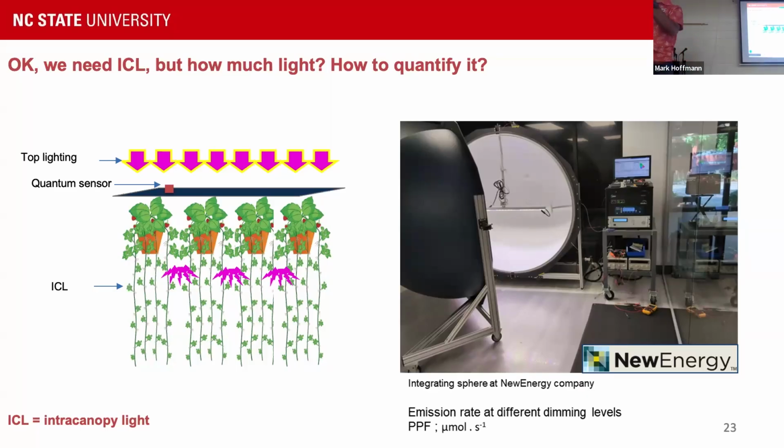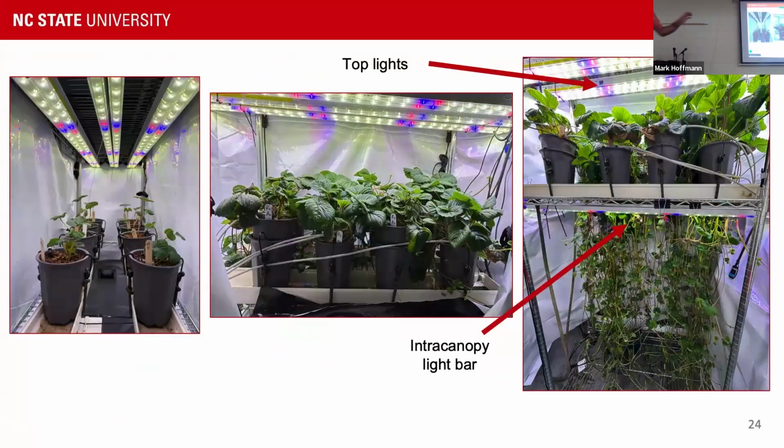So this is not PPFD, it is PPF. Here you can see the systems, top light, and also for the ones that have intracanopy lighting, there is an intracanopy bar toward the plants from the top.